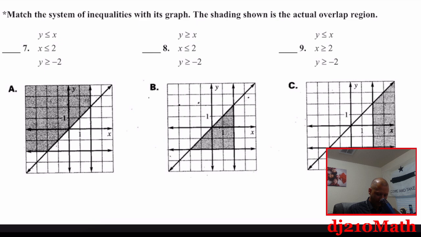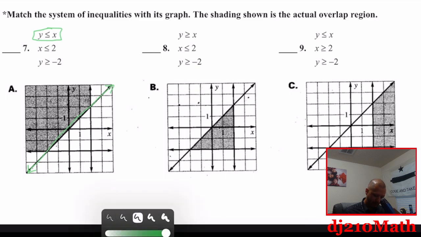So here we have y is less than or equal to x. So y less than x is a diagonal line, and we know that we're going to shade below the diagonal line. So in all these graphs rather, we have the diagonal line. Here we shaded above it, so it's not A.